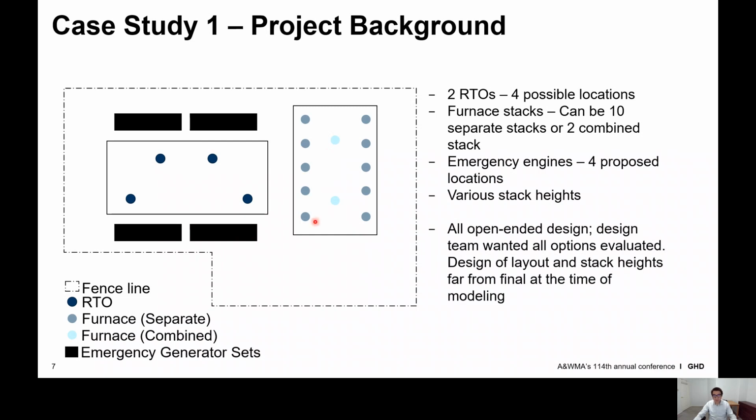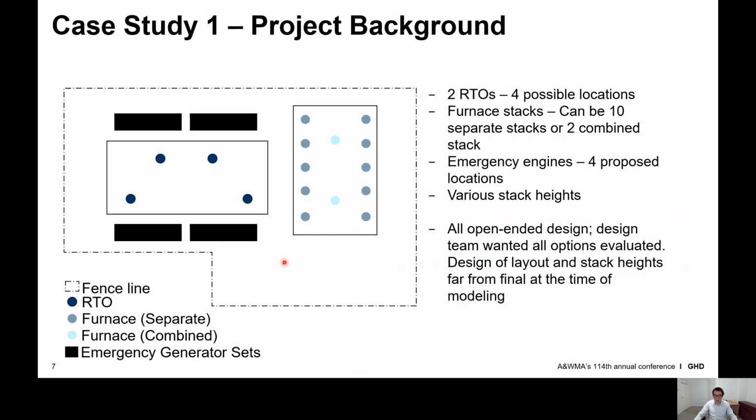They will also have a set of emergency engines at 4 different possible locations: 1, 2, 3, 4. Of course, various stack heights are possible, and the client is also thinking about that, but we will not get into the stack height variations, to keep this example simple.